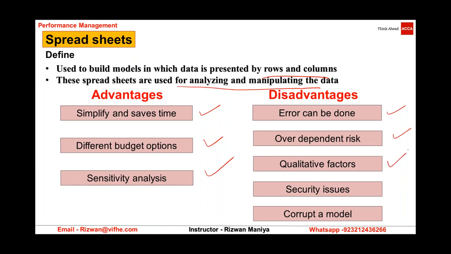There are also security issues, as data can be hacked, and the model in a spreadsheet can easily be corrupted, because if you input one wrong digit, the entire model goes wrong. Sensitivity analysis is a technique used to identify the most critical variable. Through one of the questions, I'll try to cover this as well.